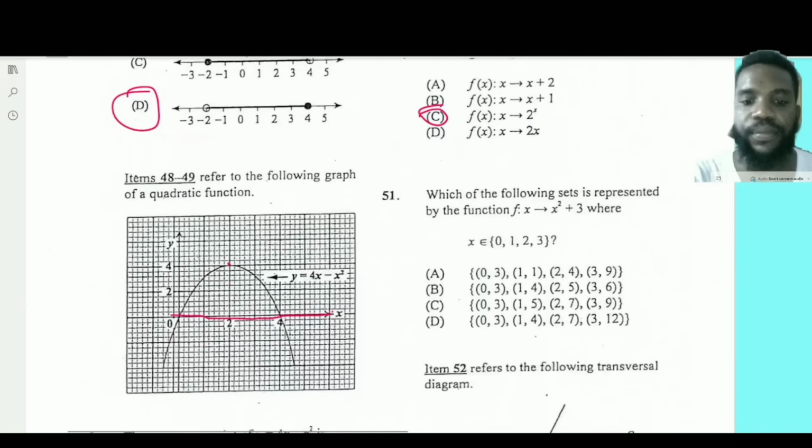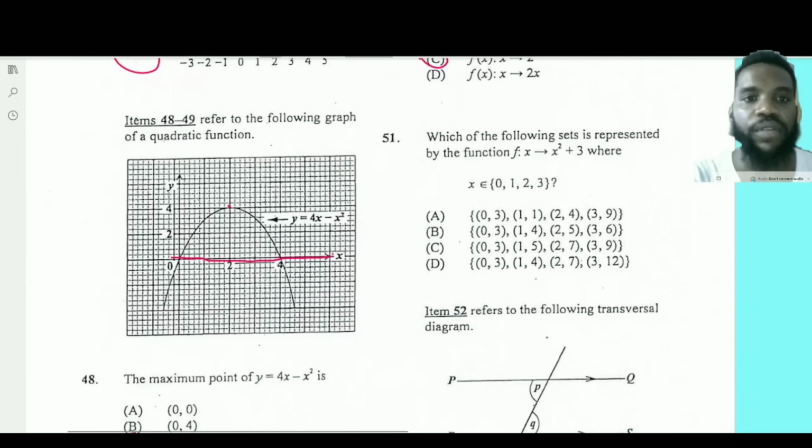51. Which of the following sets is represented by the function f of x equals x squared plus 3, where x is 0, 1, 2, 3? So listen now, all you're going to do is square the values and add 3, which means you multiply them by themselves. So 0 times 0 plus 3 is 3.